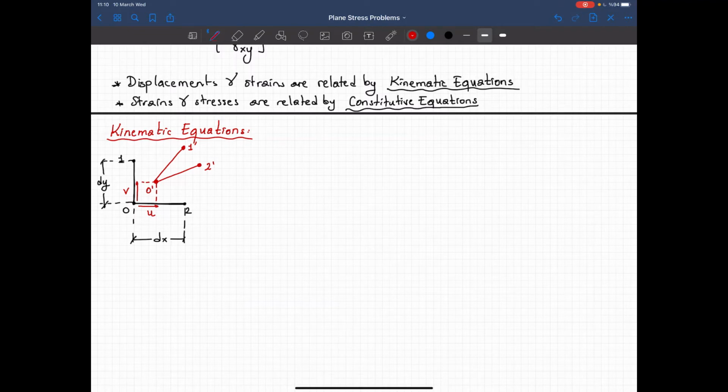So the translation of 2, let's show that. That's the translation of point 2, and this translation can be written as follows: u plus the change of displacement with respect to the x-axis multiplied by the length of your member, which is equal to dx. So change of displacement with respect to x multiplied with the length of the member gives me the x coordinate of the 2 prime. Now what about point 1?